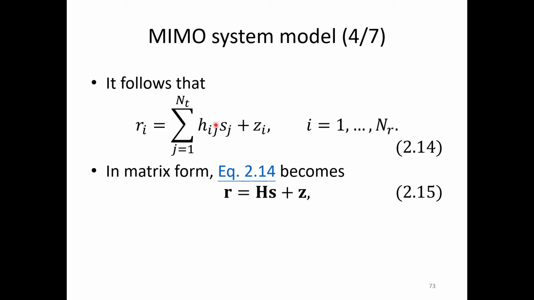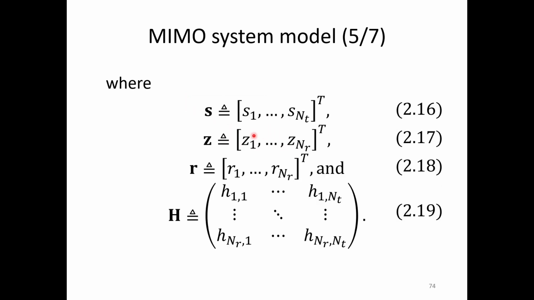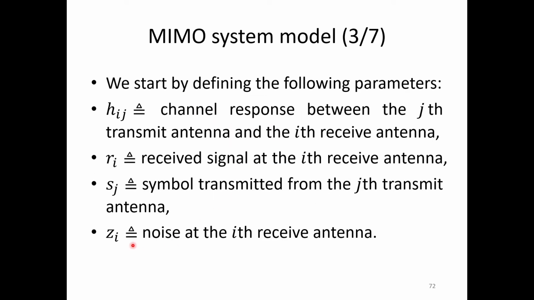Remember that each receive antenna will receive the combination of all the signals times the channel response, summed over all the transmit antennas, so j is equal to 1 to Nt. And Zi is the noise at the ith receive antenna.